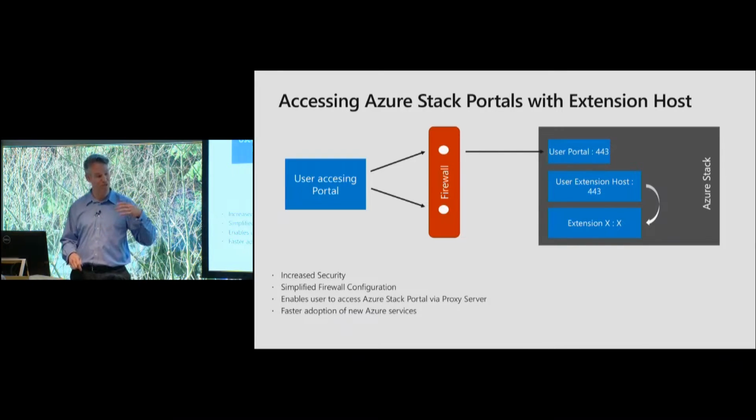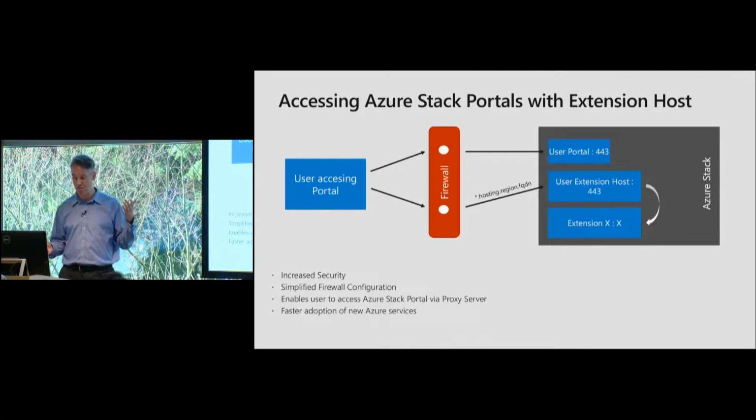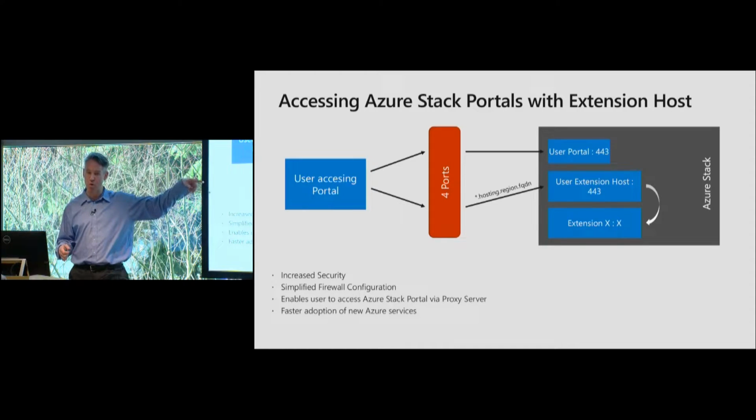So if you need a VM to be created or a backup to be configured, instead of each of those functions having a different port, you just run them all through port 443. That makes the firewall configuration much more static, and it also means that as we add more extensions and functions into Azure Stack in the future, it will not require any additional ports to be open. So we go from 27 ports down to a fixed, permanent set of 4 ports.